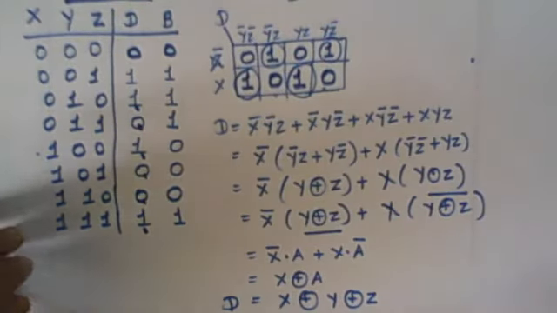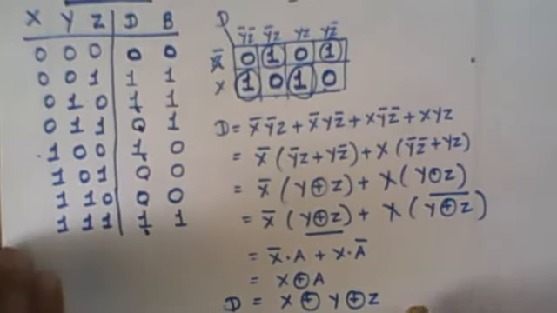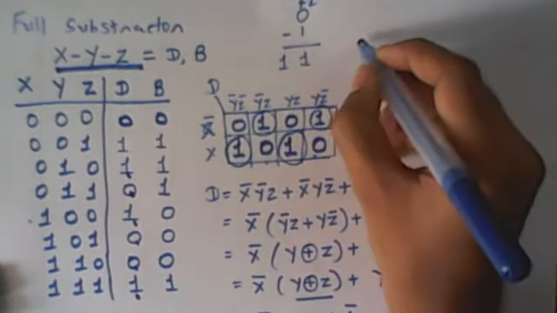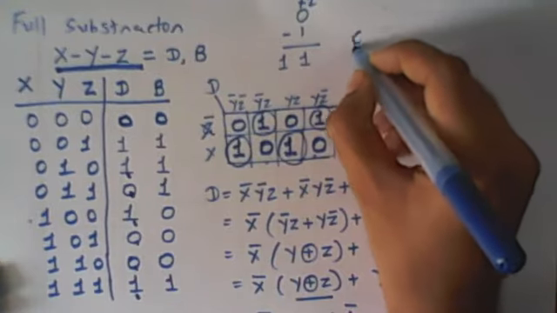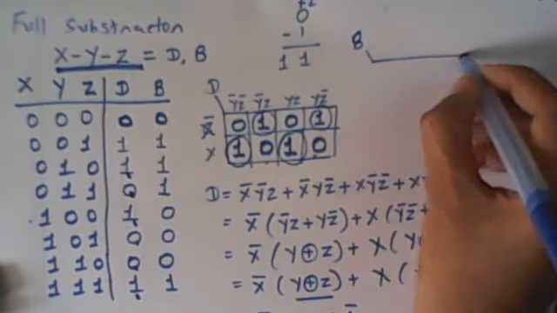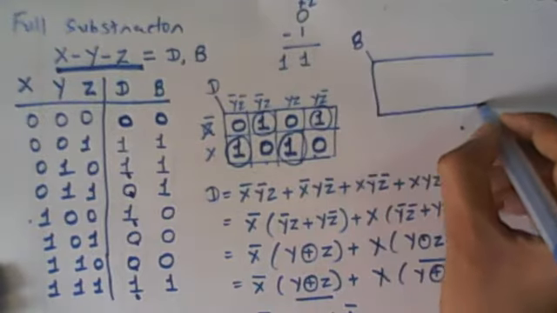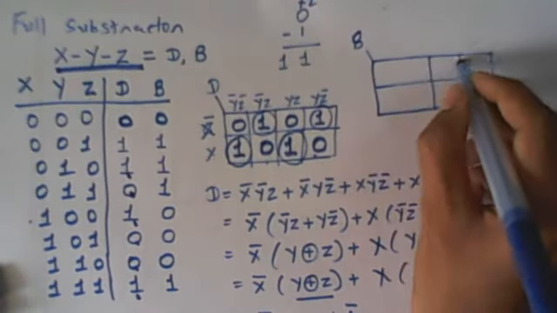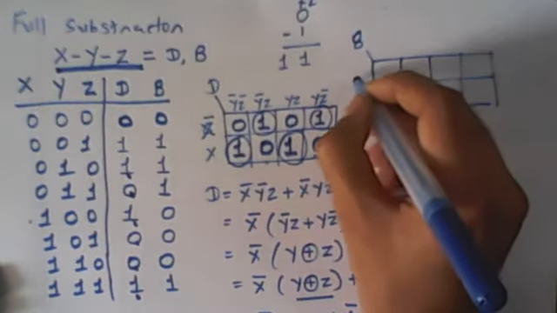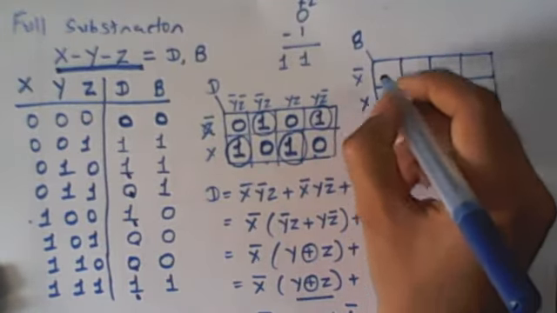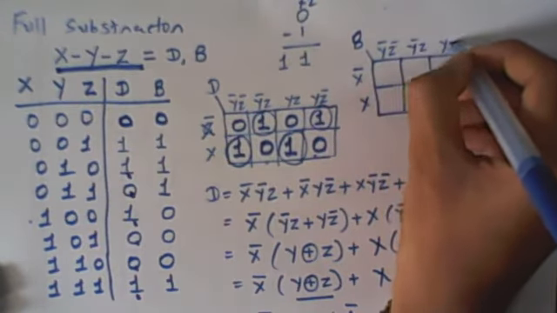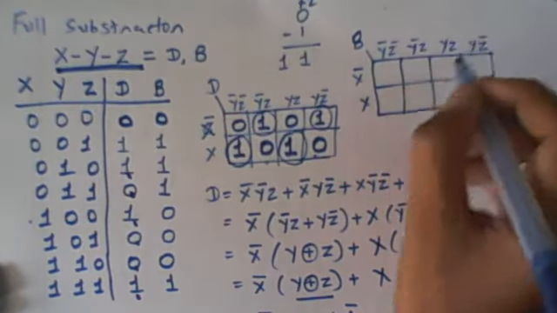Let's similarly derive the borrow bit. Okay. So let me prepare the Karnaugh map for the borrow bit. Here it is x bar, x; y bar z bar, y bar z, y z, and y z bar.